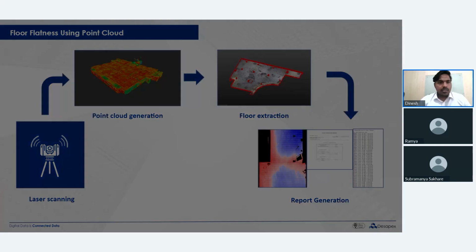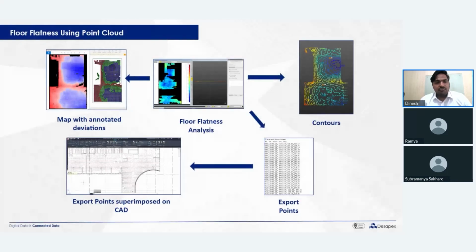This is a map with annotated deviations. These are the lower and higher areas, and then we get the contour for that particular area. These points can be overlaid on your drawings to understand the exact location of these elevations on the site, and then work on your floor flatness analysis.